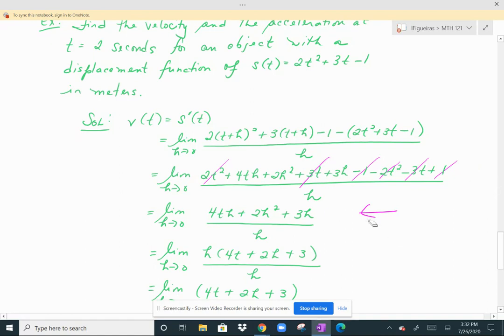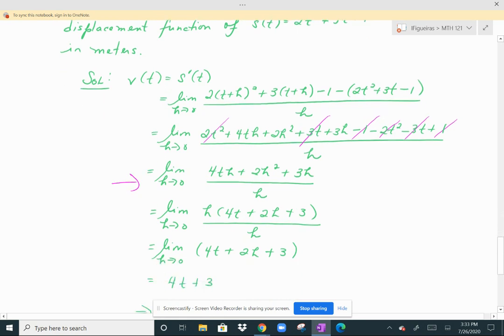Now remember, this is a limit. I can't just apply direct substitution here or even here, because if I do, my denominator will be 0. That's a problem. Same thing here. But I can simplify further because my numerator has a common factor of h.